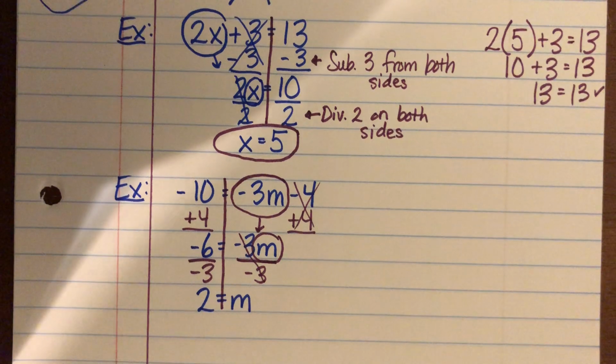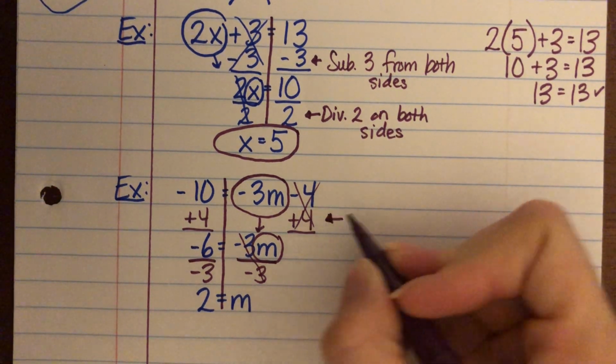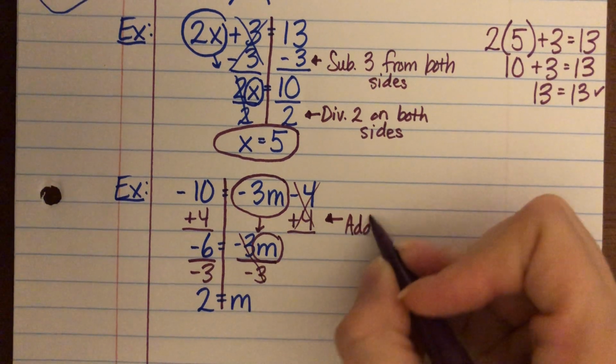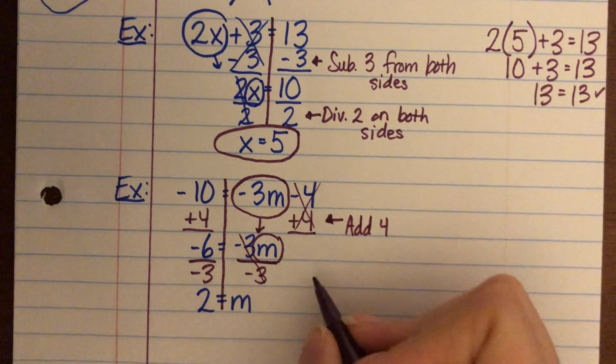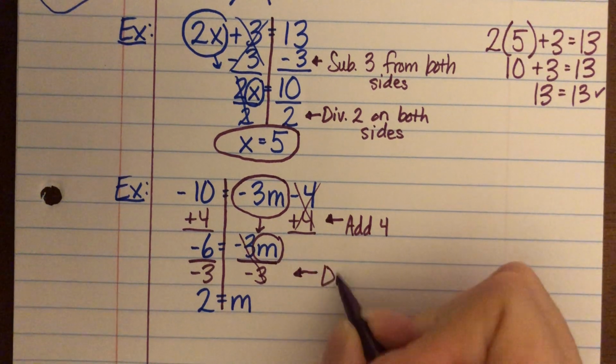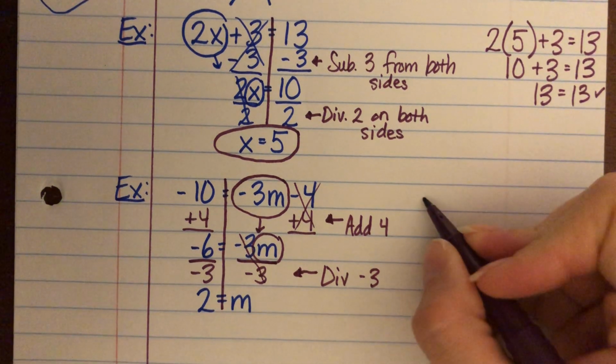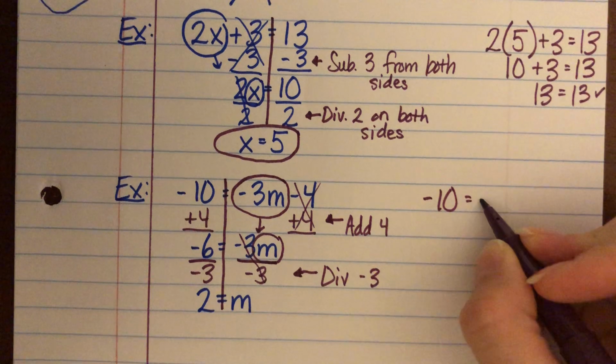So in this case, the inverse operation was to add 4 to both sides, and then we divided by negative 3. Okay. Now we're going to check our answer. So I'm going to take my original equation.